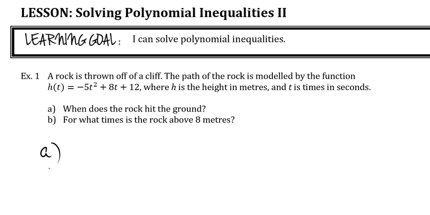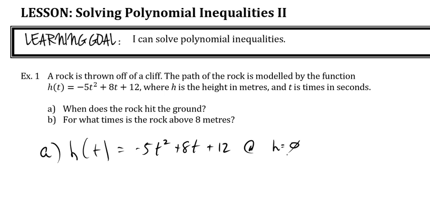Okay, very good. I was just going to say since h of t equals the height and it's at ground level, therefore we sub in for 0. Good. So we sub in for 0 first. So this is like saying h at t equals negative 5t squared plus 8t plus 12 at h equals 0.